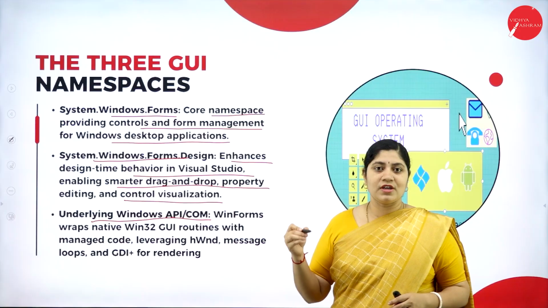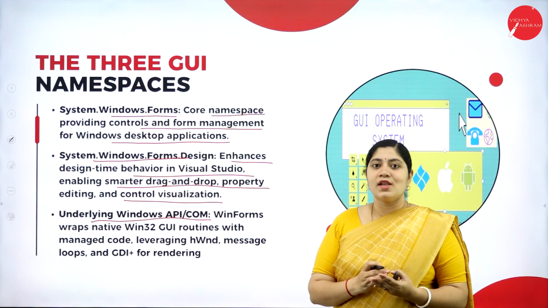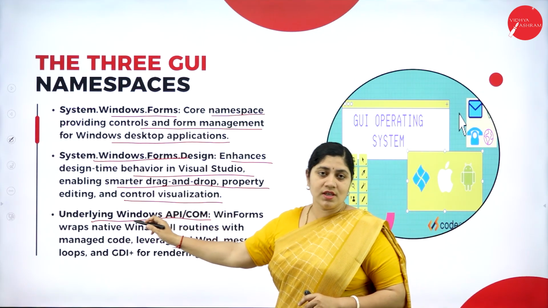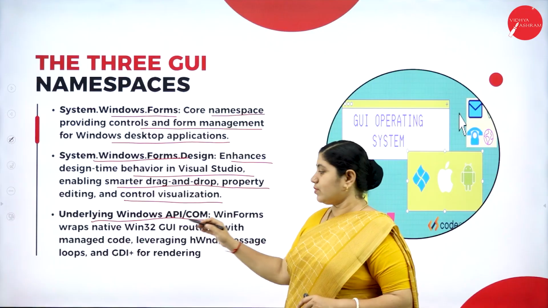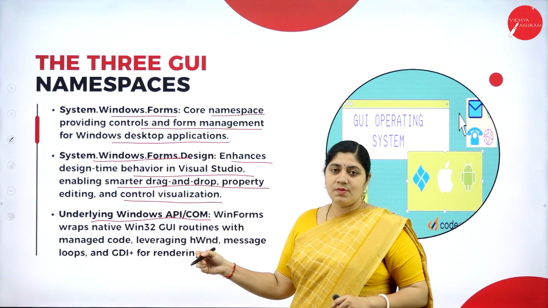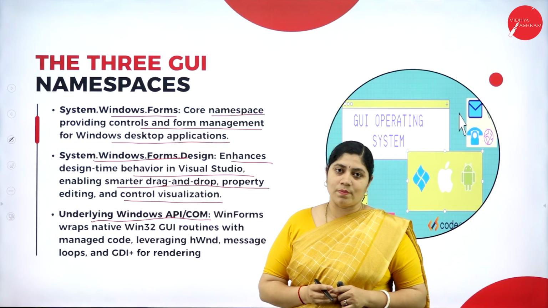So the Graphical Design Interface plus form can be considered, and it can also be utilized as well as designed by using this underlying Windows API or COM namespace. So these are the three namespaces which we utilize in order to design our Windows forms.